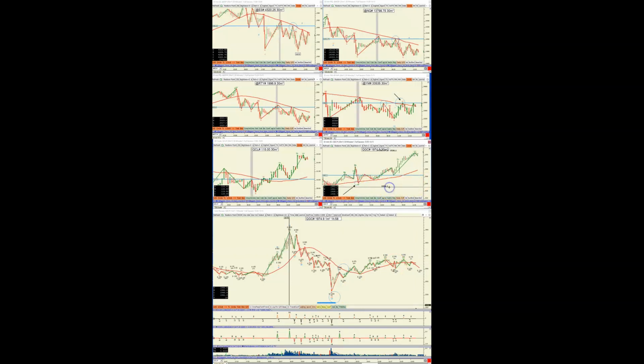Here you have a breakdown on the 30-minute chart against this low. If you go to the lower time frame, it looks like a climax. You see?